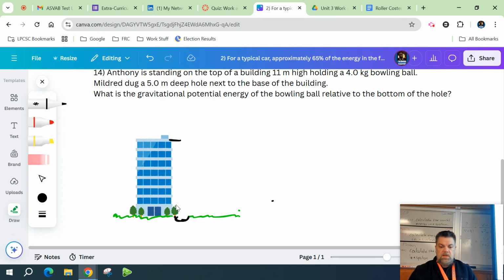So from here to here is 11 meters. And actually, that's not a deep enough hole, because 5 meters would be almost half the size of the building, right? So to draw it in perspective.